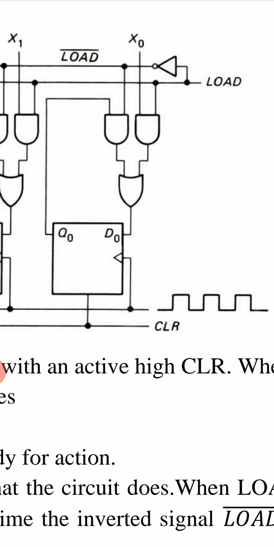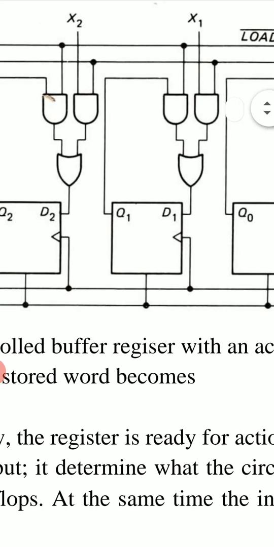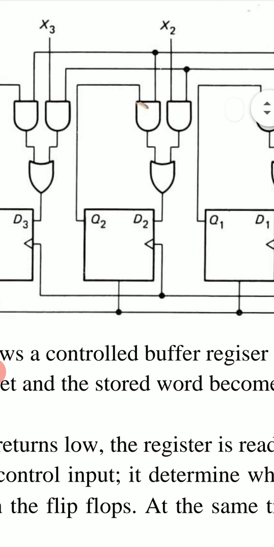And when load is low, then this right AND gate will be disabled, but then load bar will be high and the left AND gate will transmit this bit Q0, and similar is for all these other D flip-flops.